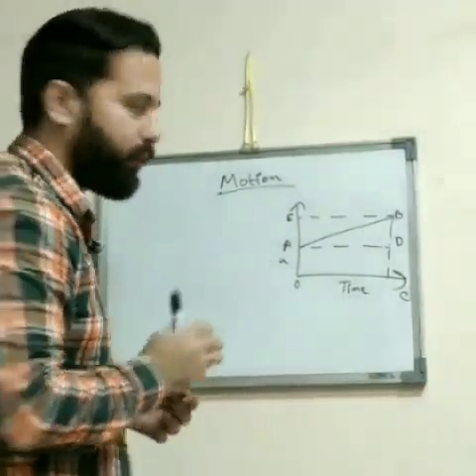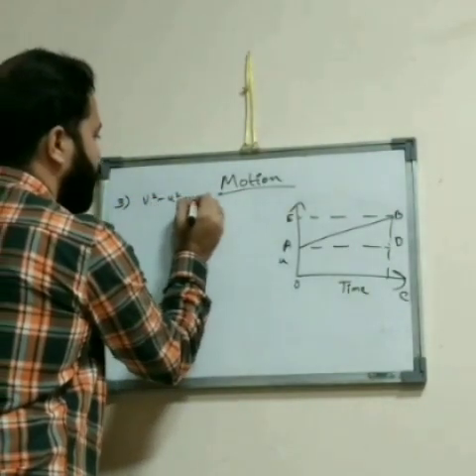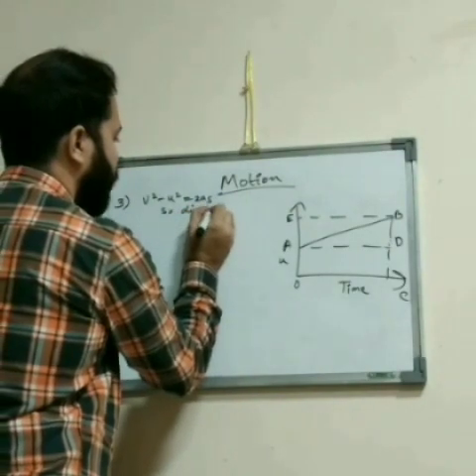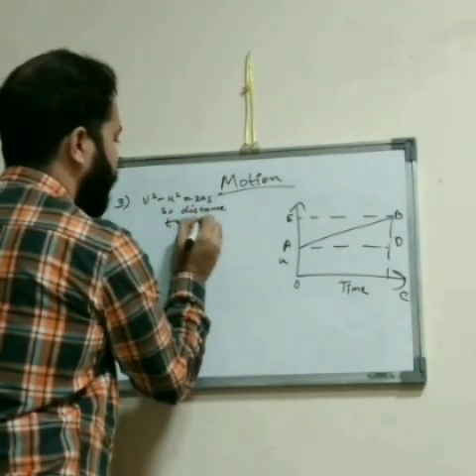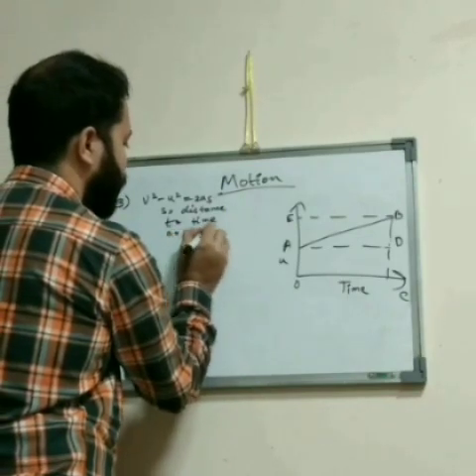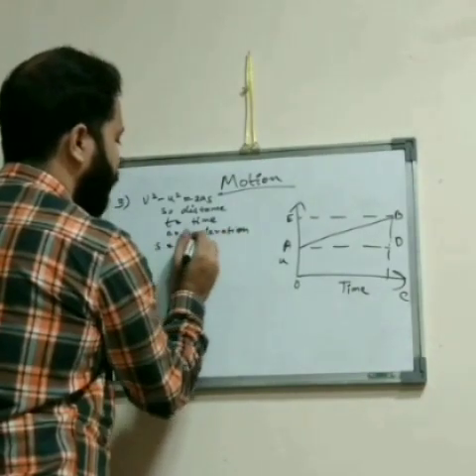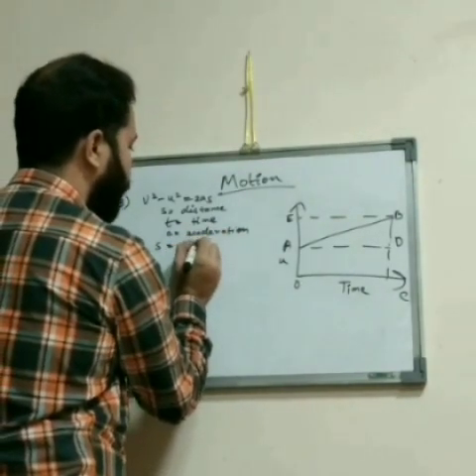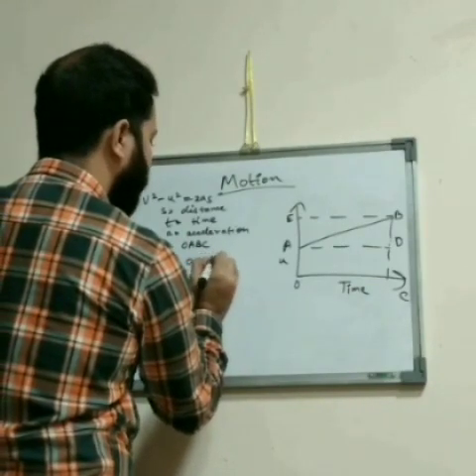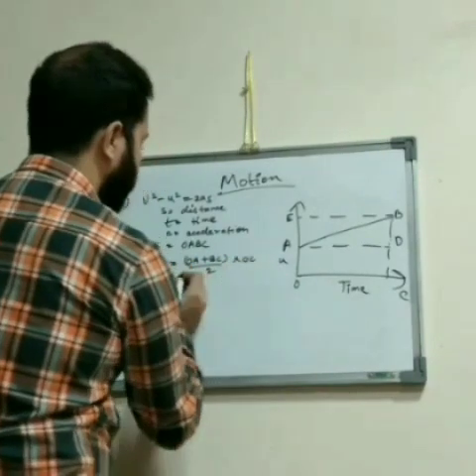Third equation of motion: v square minus u square is equal to 2as. s is the distance traveled by an object, t is the time, and a is the uniform acceleration. s is equal to the area enclosed by trapezium OABC, OA plus BC upon 2 into OC.